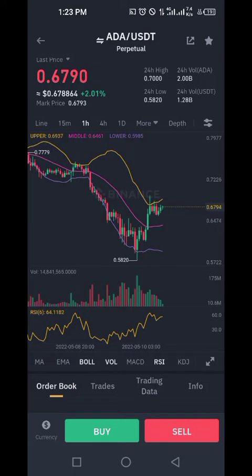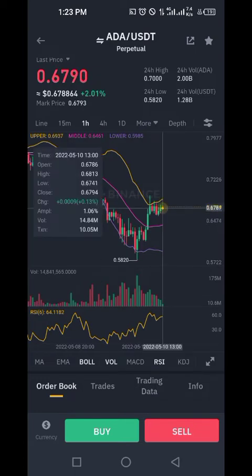So let's say I'm buying the asset from here now. I'm seeing the asset going up, and if the asset eventually comes down, I want to limit my risk. So let's say I place my stop loss below my entry point, so that when this asset breaks this level, it means it's going further down.